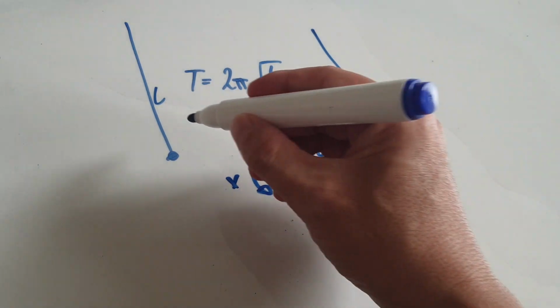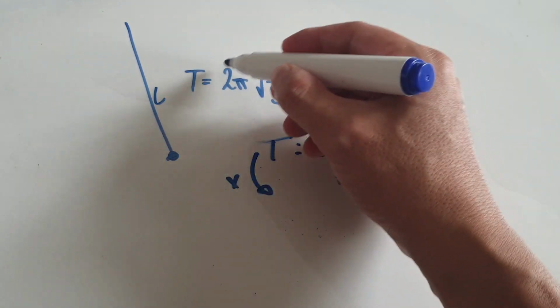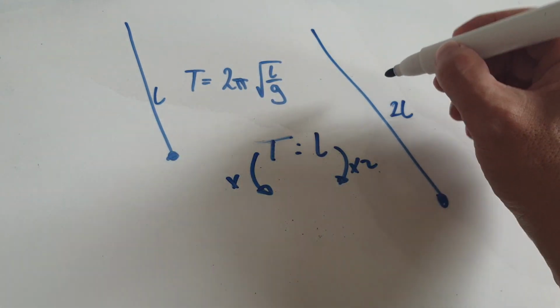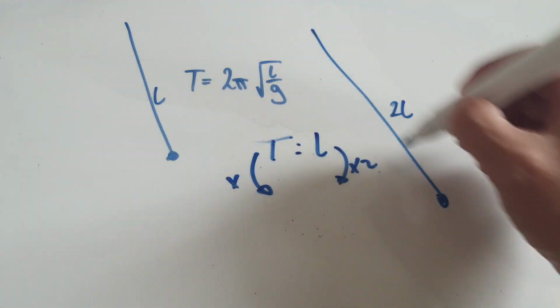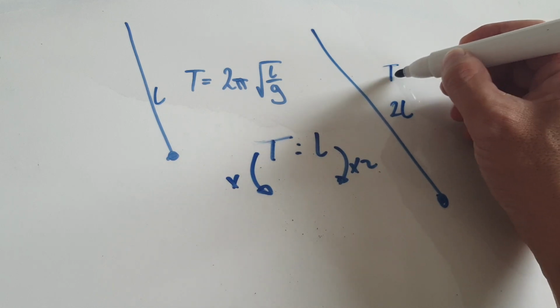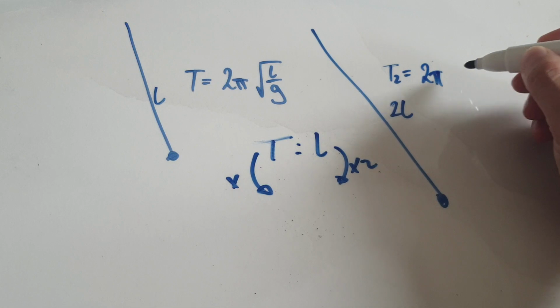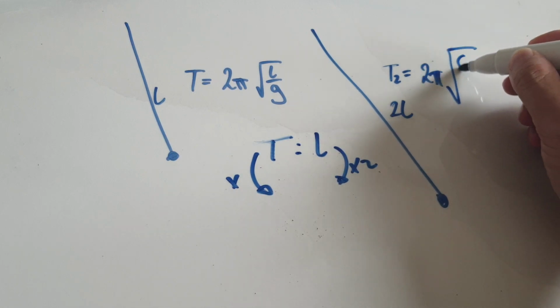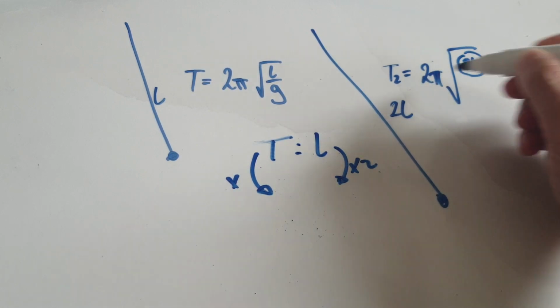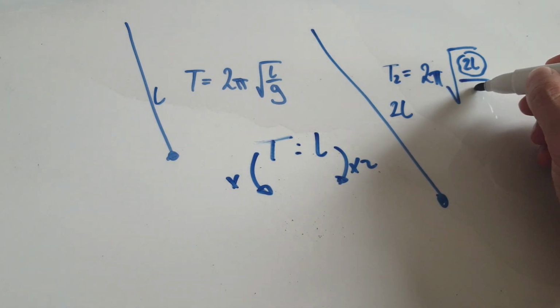So the time it takes to do one swing is given by this. The time it takes to do one swing for this pendulum here, let's call it T2, will be given by 2 pi root the length of the string, this time is 2L, divided by g.